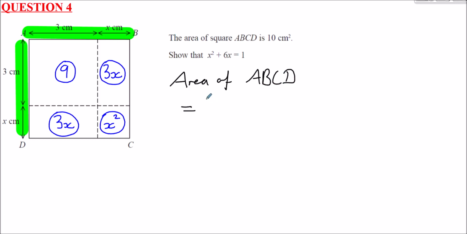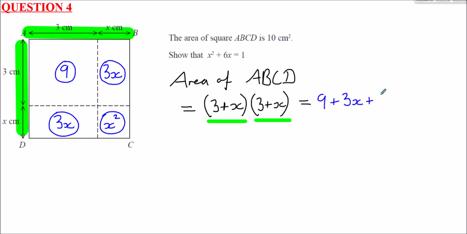So it's 3 plus x times by 3 plus x. Okay, so it's literally the length times the width, as you'd find the area of any square or rectangle. But we've calculated here what this would be in terms of these bits. So the total area, which is this, must also equal 9 plus 3x plus 3x plus x squared.